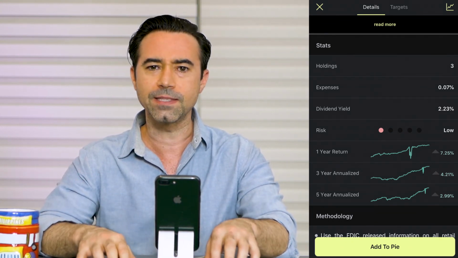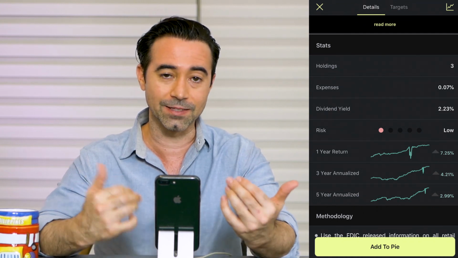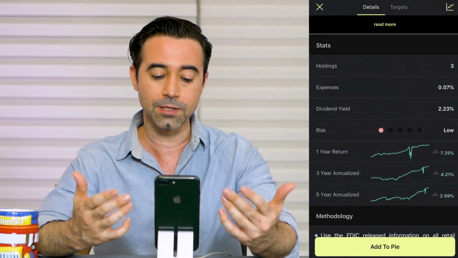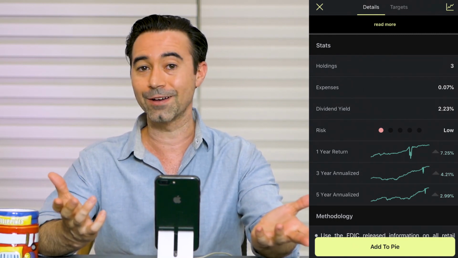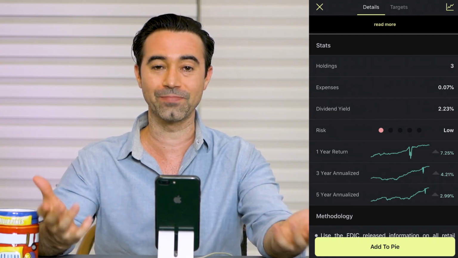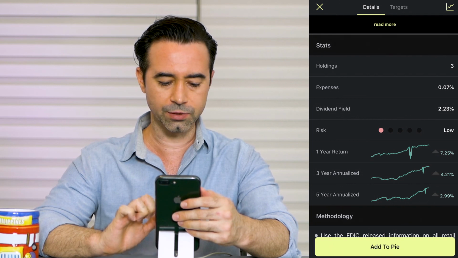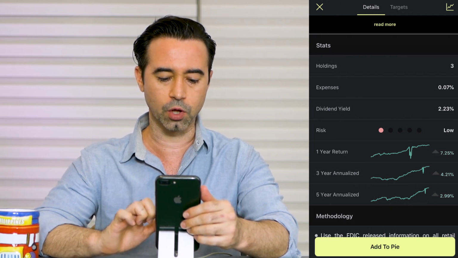It's probably more defensive with what's going on. It's not invested in stocks, which have not done so hot, but in mortgages. However, there could be problems with the housing market in the future, who knows? And in that situation, it could have a negative effect. Next up, just going through here real quick, global dividends.